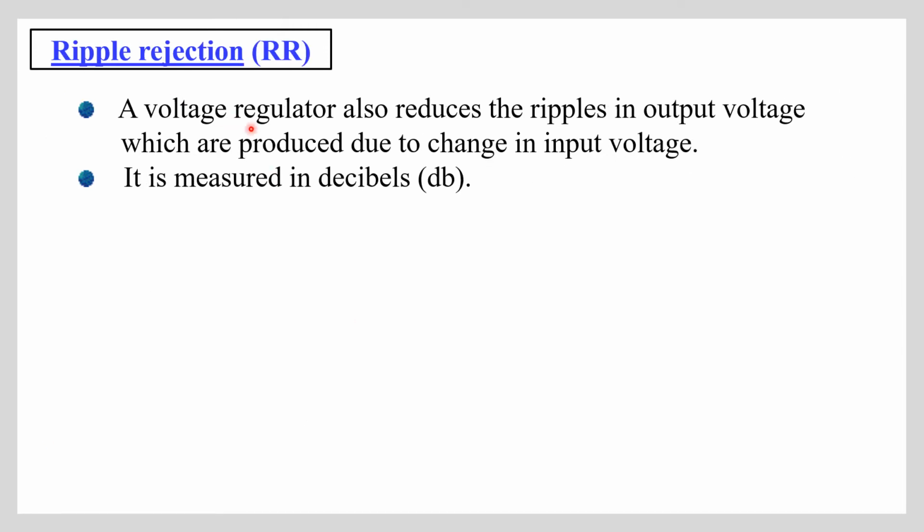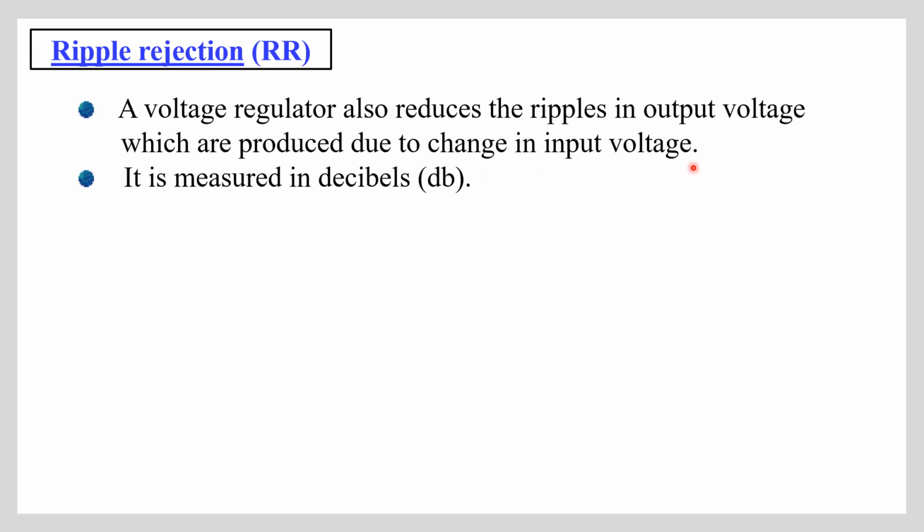So the next characteristic of the power supply is ripple rejection, RR. Ripple indicates the change in the input voltage. A voltage regulator reduces the ripple that comes in with the input voltage. So voltage regulator also reduces the ripple in the output voltage which is produced due to change in the input voltage.